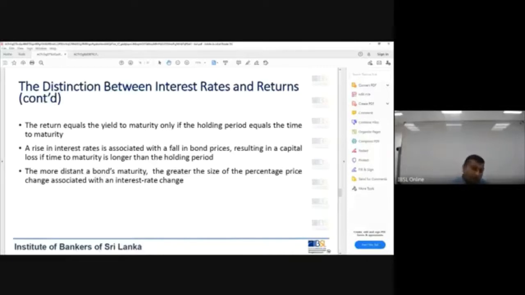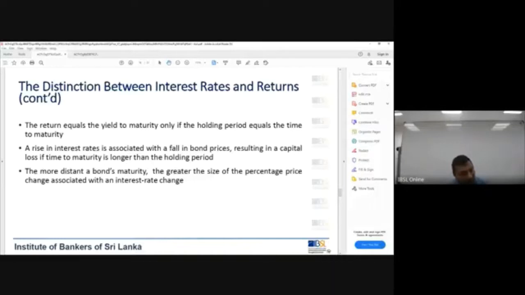The longer the duration, rather than a 2-year bond, you look at a 10-year bond, a change in interest rates by one small, a minute percentage of interest rate, you see that has a sizable change in the price component, because the change that we are looking at is per year, per annum.